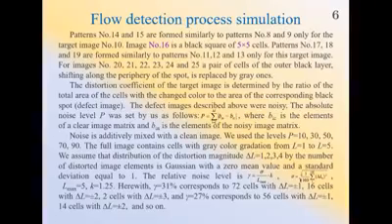Image number 16 is a black square of 5 by 5 cells. Patterns number 17, 18, and 19 are formed similar to patterns number 11, 12, and 13, only for this target image. For images with the next numbers, a pair of cells of the outer black layer shifting along the periphery of the spot is replaced by gray ones.